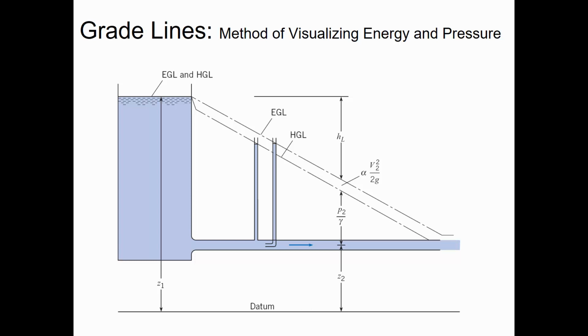And remember that the pressure and the elevation are at the water surface. When you have just an open container of water, like we had the tank here, the HGL is at the water surface because HGL is the pressure and the elevation. So the HGL is at a free surface of water, but now this water is moving, so the velocity head's going to account for the EGL being above it.